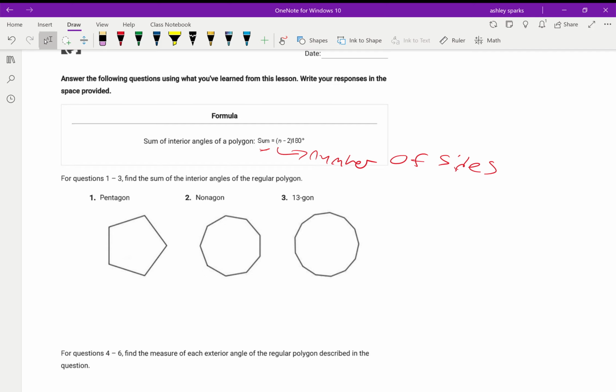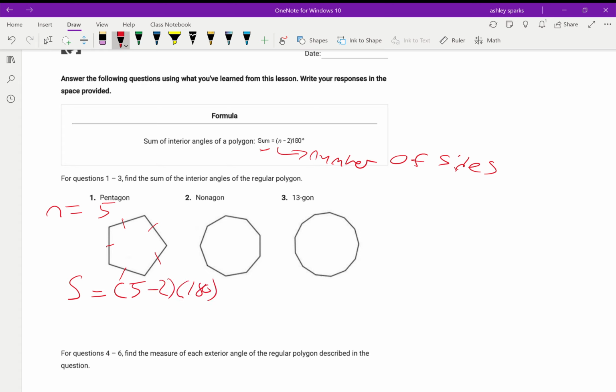What we're going to do is you're going to be given a shape. Our first one is a pentagon. If you don't know how many sides are in a pentagon, you can look it up, or you can count it out if there is a picture given to you. A pentagon has 5 sides, so that's going to be our n here. We plug it into our formula. Our sum will equal 5 minus 2 times 180.